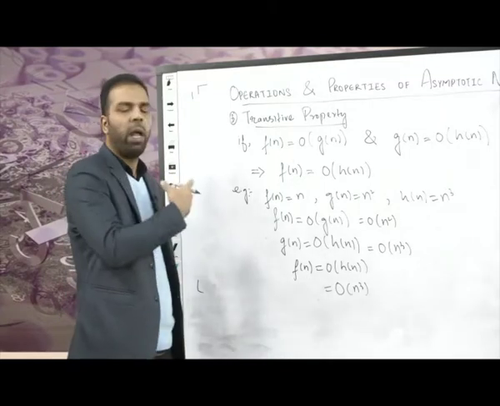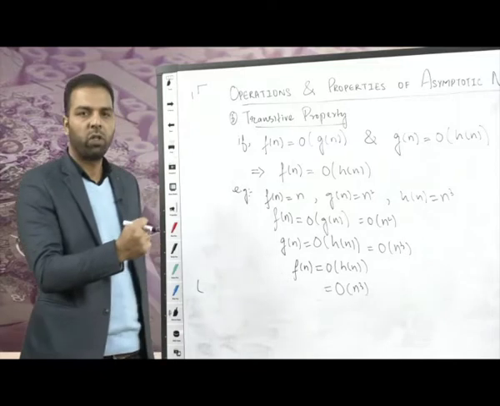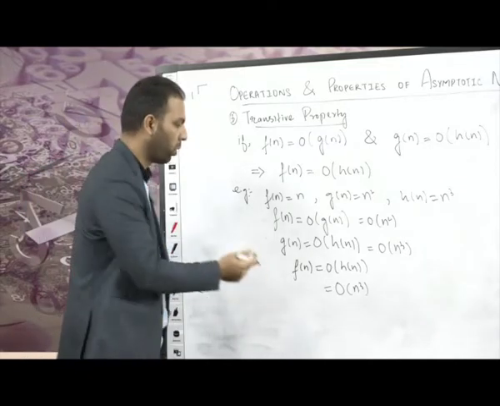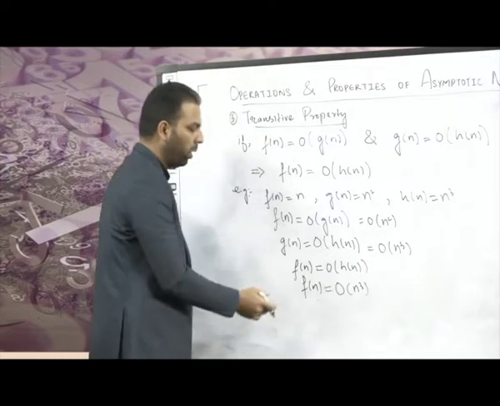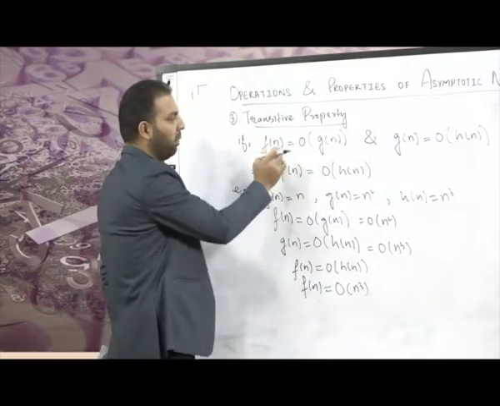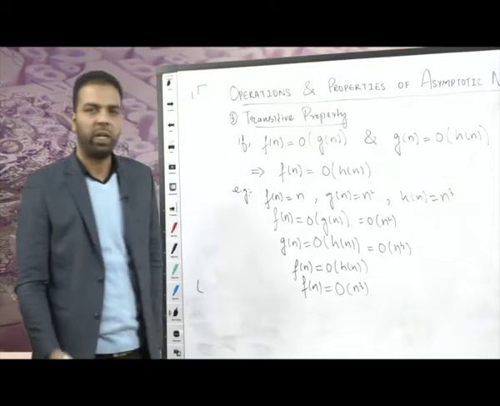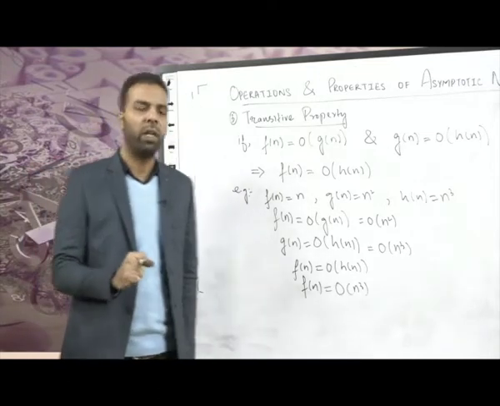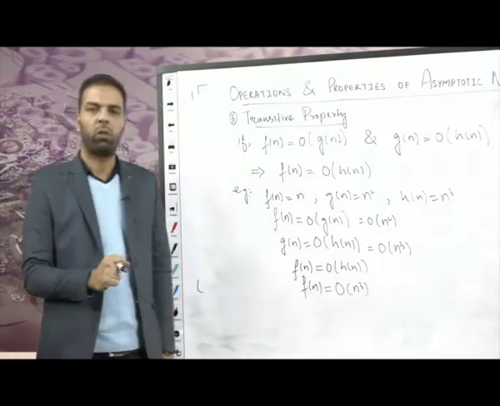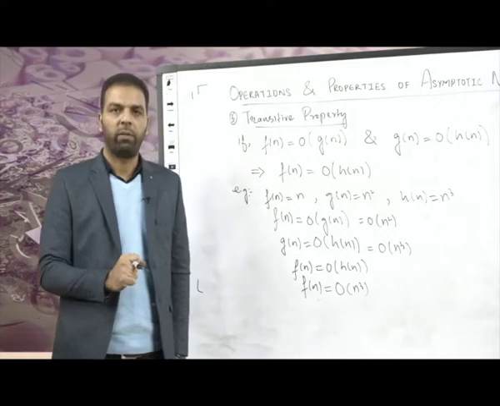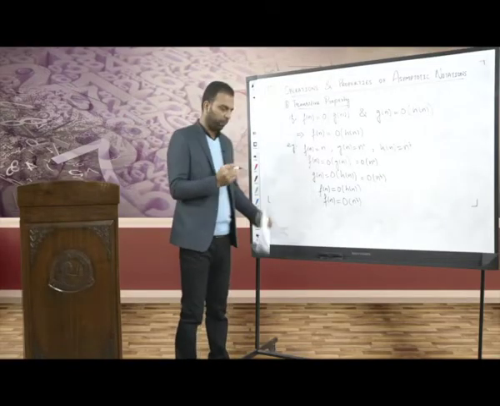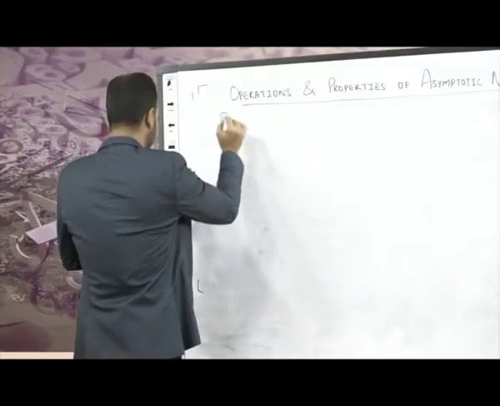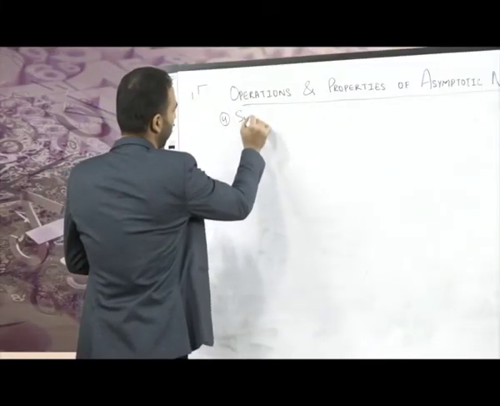Anything that is above your function will serve as the upper bound. So here f of n is order of n cube. So it proves our transitivity, means if f of n is order of g of n and g of n is itself order of h of n, then we can say your f of n is also the order of h of n. Fine. So now we'll move on to our next property. It's the fourth property, the symmetric property.